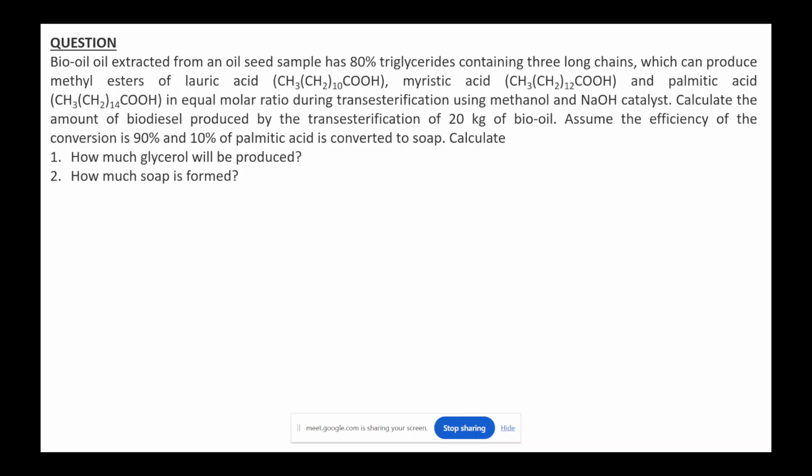Now we need to calculate the amount of biodiesel that gets produced by the transesterification of 20 kgs of the bio-oil. Assume that the efficiency of the conversion is 90% and 10% of palmitic acid is going to convert to soap. We need to calculate how much glycerol will be formed and how much soap will be formed.